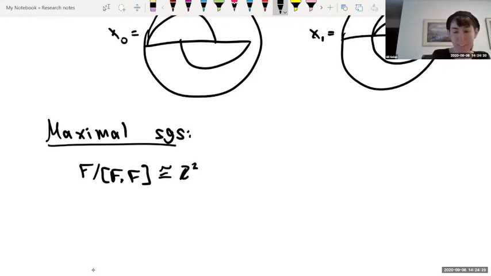So in fact, any finite index subgroup of F contains the derived subgroup. In other words, there is a one-to-one correspondence between finite index subgroups of F and finite index subgroups of Z squared. So when I talk about maximal subgroups, I'm only interested in maximal subgroups of infinite index because the finite index subgroups are very easy to understand.